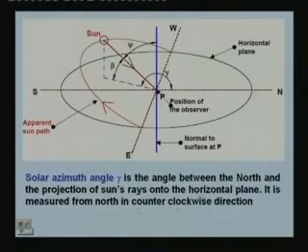In some other books, for forenoon it is in the clockwise direction, and for afternoon it is in the anti-clockwise direction. So the definitions vary, but once you have this diagram it is easy to change from one convention to the other. In this particular lecture I am following the convention of measuring it from the north in the counterclockwise direction. So this is the solar azimuth angle gamma.